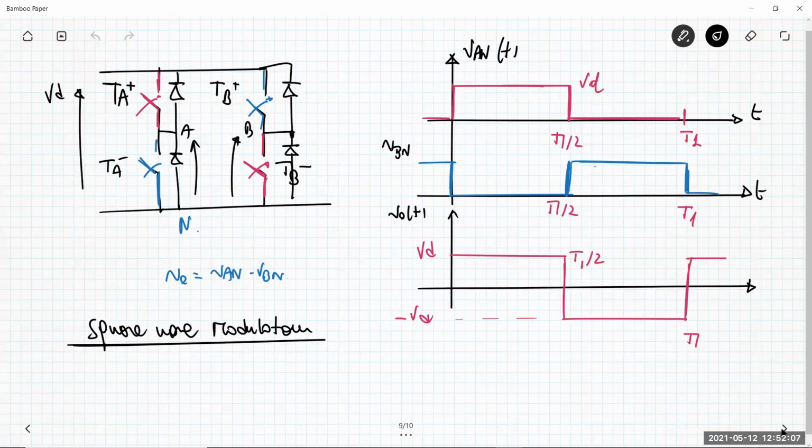What is the output spectrum of this waveform? This waveform is exactly a square waveform. Square waveform means that duty cycle is exactly 50%.